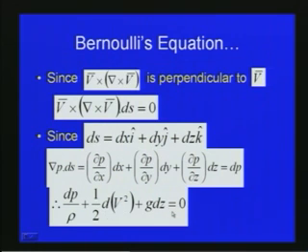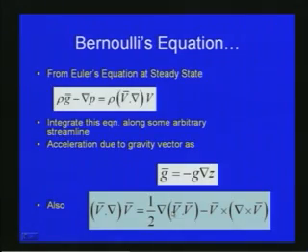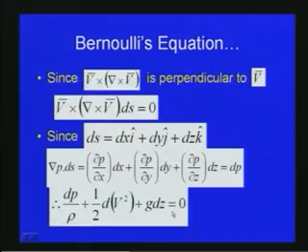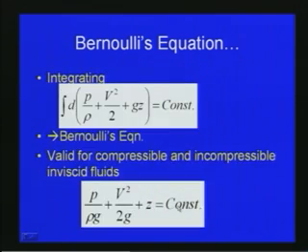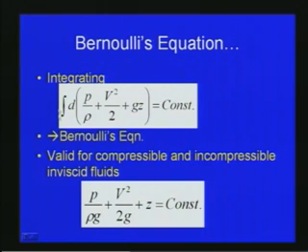So after using all these approximations, finally we get dp by rho plus half dv square plus g dz is equal to 0. Now along the streamline, as discussed, we integrate so that the integral of dp by rho plus v square by 2 plus g z is equal to constant.